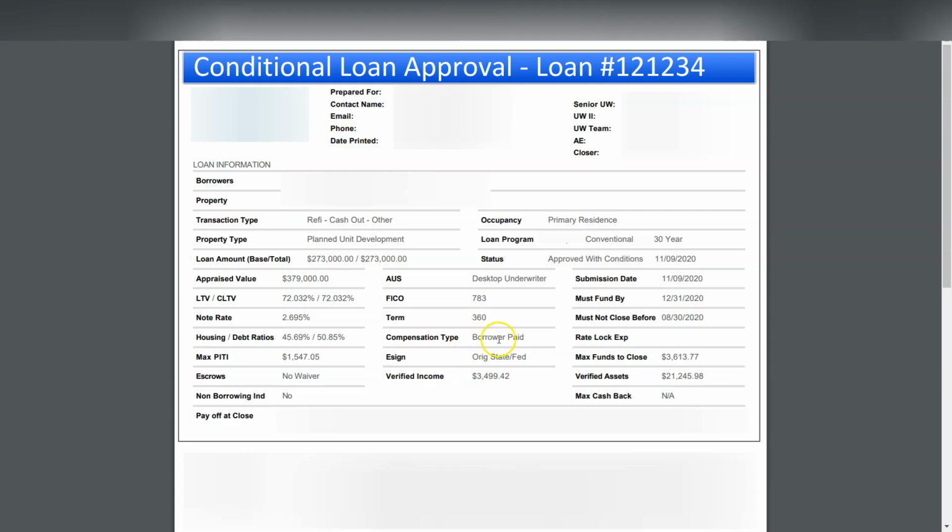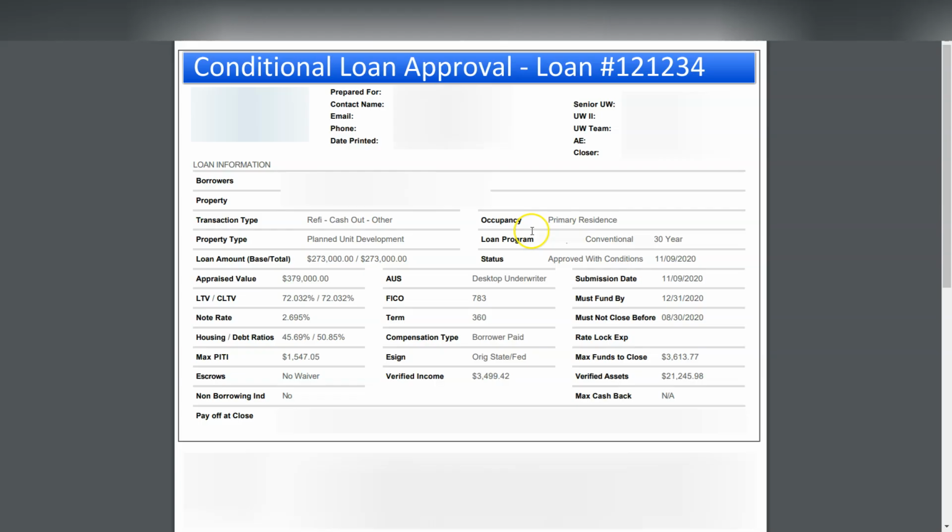Compensation type, borrower paid. So the borrower is paying the loan originator for their compensation. E-sign. So the borrower did e-sign the documents instead of physically signing the documents, and it includes the original state and federal documents. Verified income. So right now the borrower's income is $3,499.42, and it has been verified.